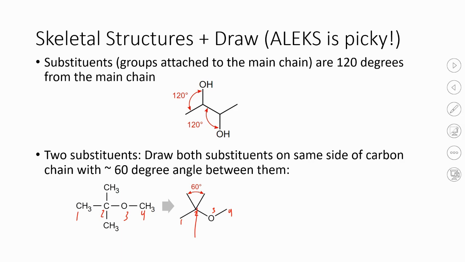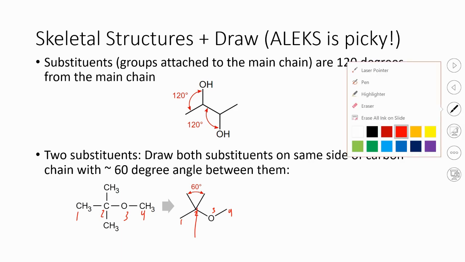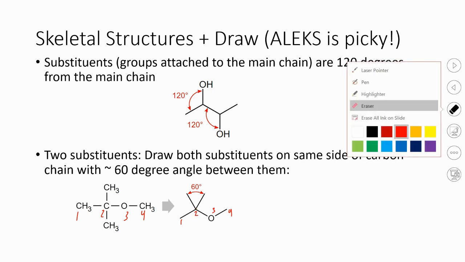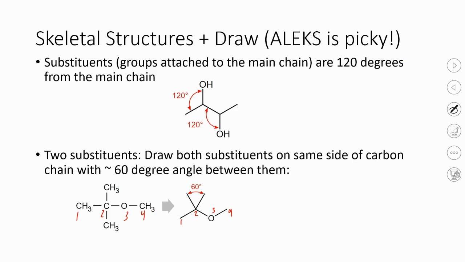Let's see if there's an erase button. Yes, we have an erase button. We put them both coming off of the chain, and they're about 60 degrees apart. And that represents more of a tetrahedral angle than something coming straight out of the bottom. So this is just convention, and ALEKS will mark you wrong if you don't do it according to convention.